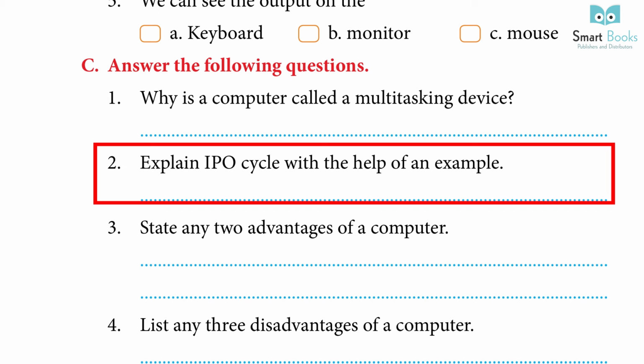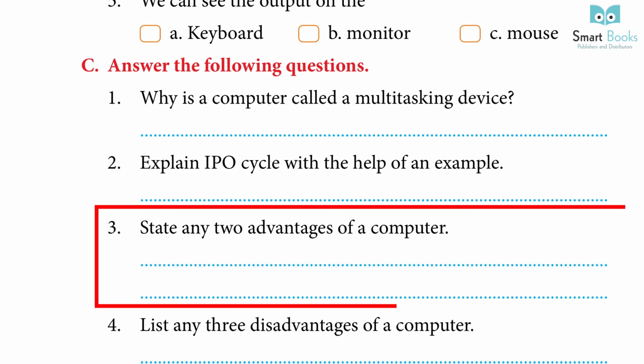In the above example, the ingredients required to make the juice like apple, pineapple, orange and pomegranate are the input. The process will be placing all the ingredients into a juicer jar, and the output will be a glass of fresh mixed fruit juice. Similarly, to perform any task, a computer has to go through the three processes: input, process, output. These three processes together are called IPO.